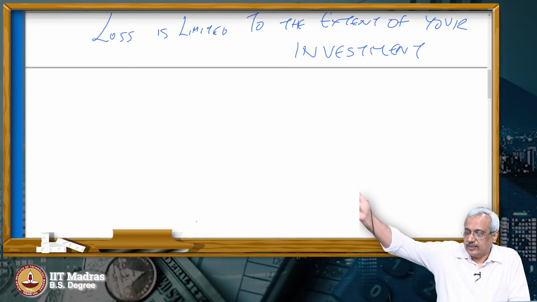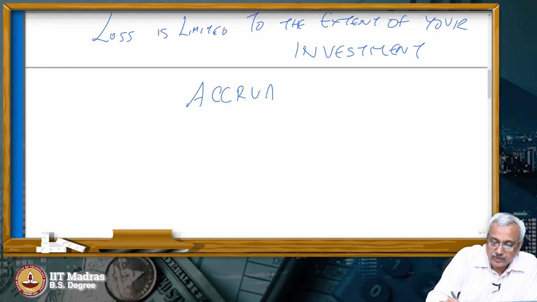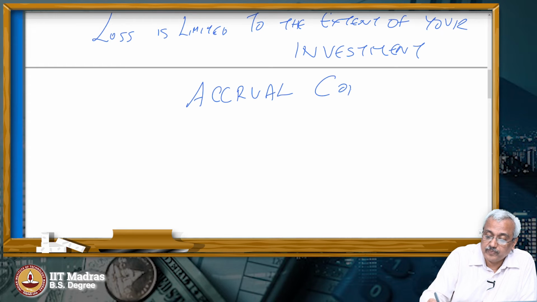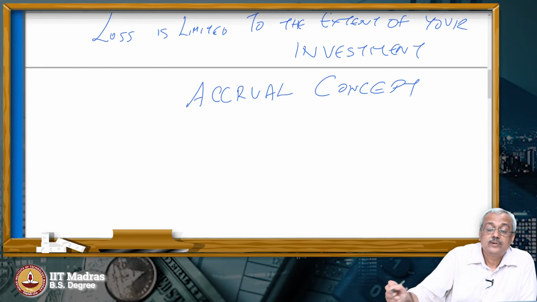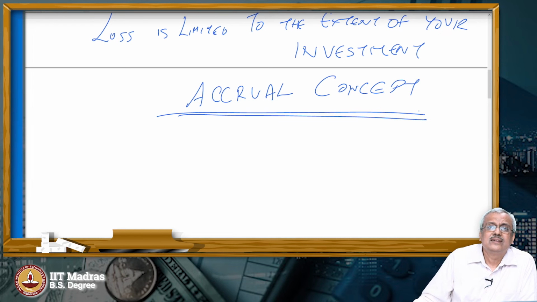I am sorry, I did make a spelling mistake in the first class when I wrote the word accrual. So, A-C-C. Am I right with the spelling today? Yes, accrual concept. Now, what is this accrual? Let me repeat again.